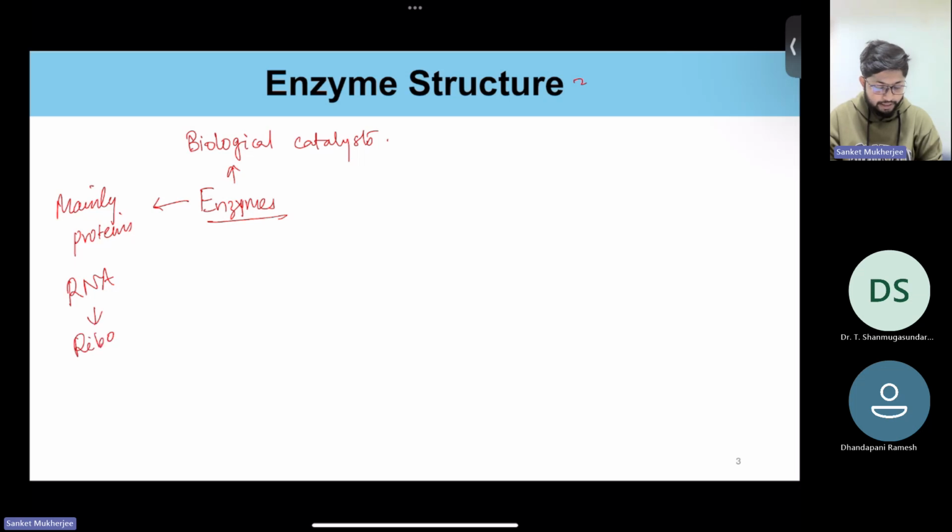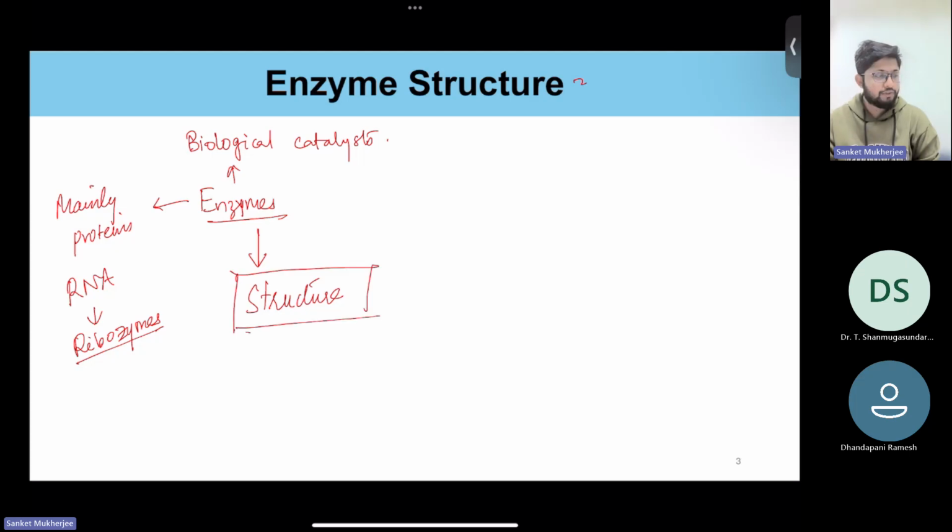They are important in, let's say, splicing and some other activities as well. The structure of an enzyme is very important to understand its function. We have already talked about the 3D conformation and the complementarity of an enzyme with its substrate. Structure is very important, and today we will be mainly talking about structures of enzymes.